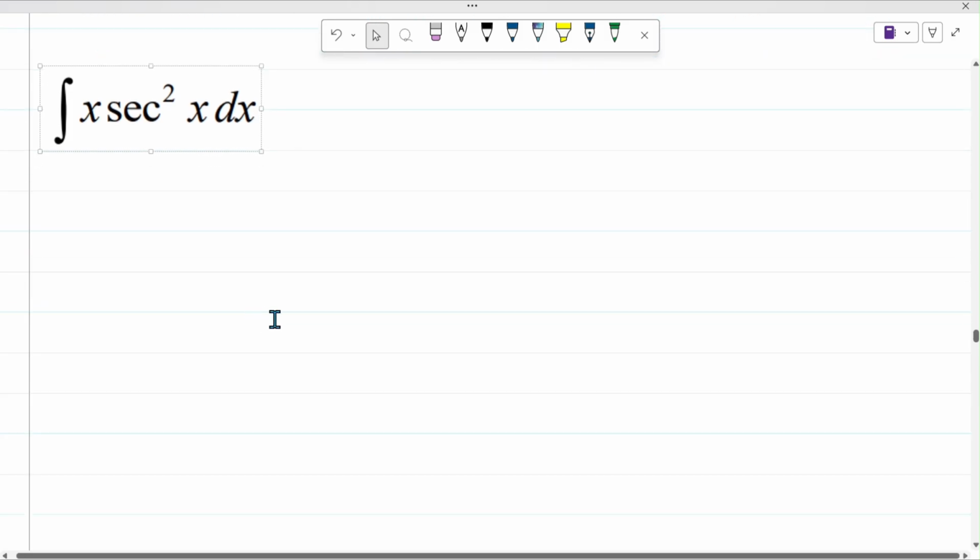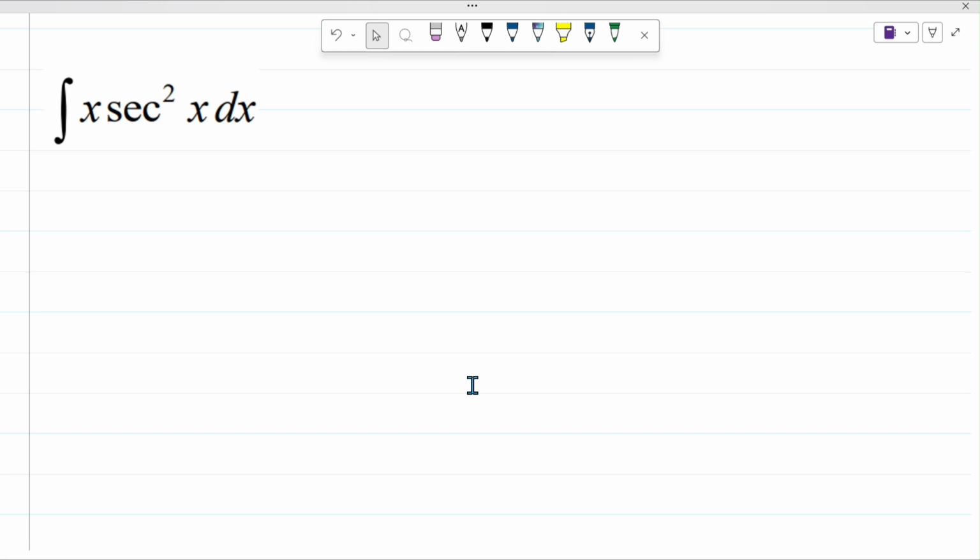We have this question: the integral of x multiplied by sec squared of x dx, right? So we've got an algebraic function and a trigonometric function. Let's see, we've got a linear term.